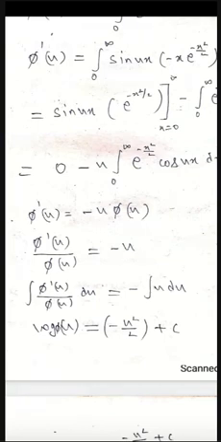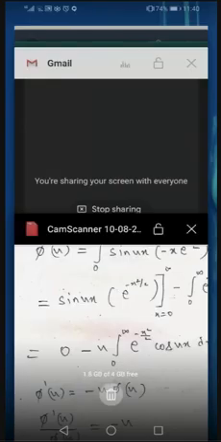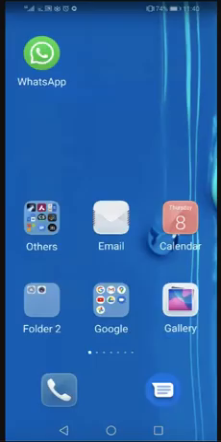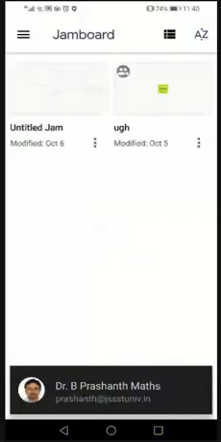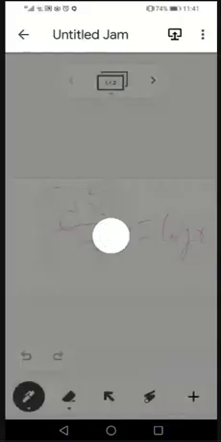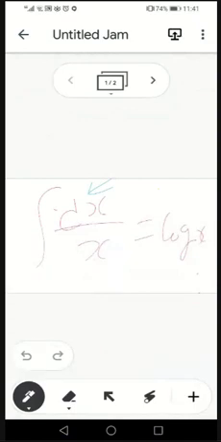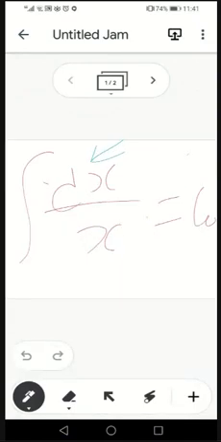After the integration of pi dash of u divided by pi of u, how can we write log of pi of u? See, if we go for this one, you can see that integration dx by x is what you are always telling.